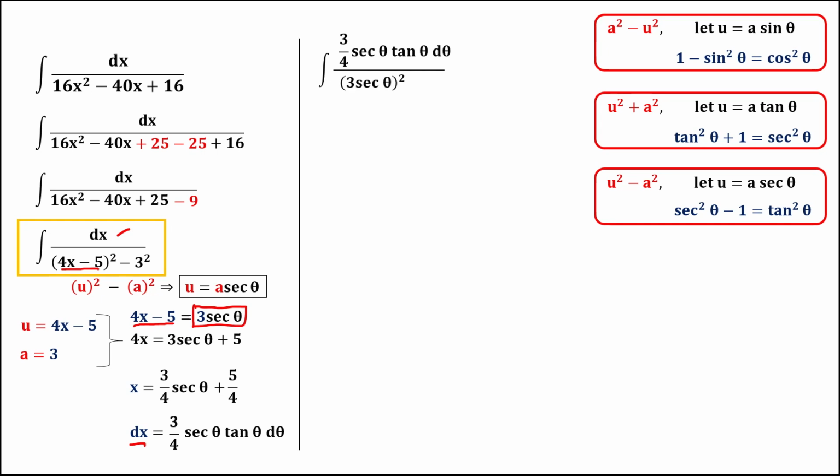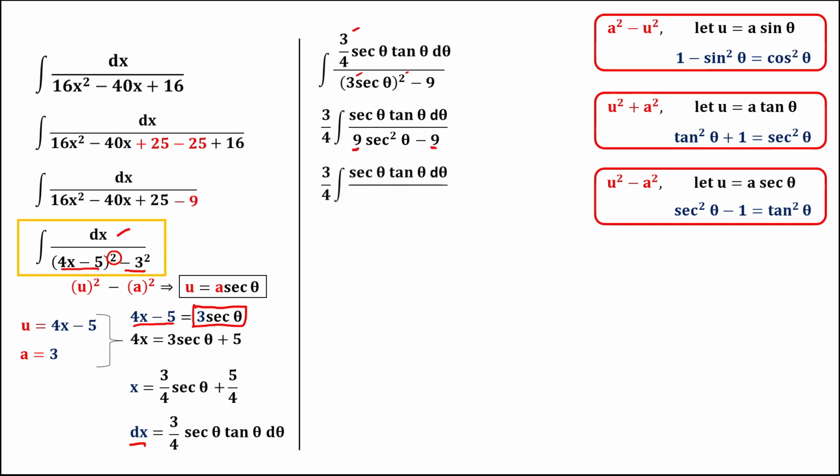So this becomes 3 secant theta to the power 2, then minus 9. Then we need to put this constant outside and simplify. So this 3 to the power 2, this is 9. Then secant squared theta minus 9. Then we need to factor out this 9.